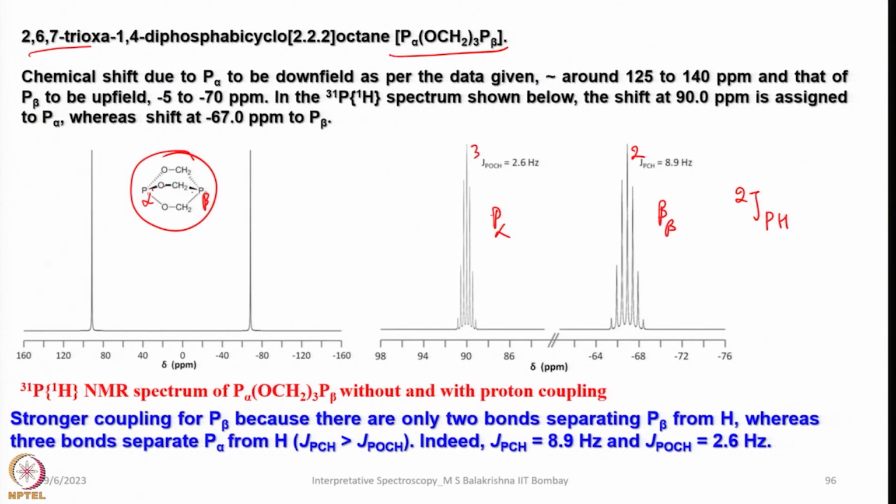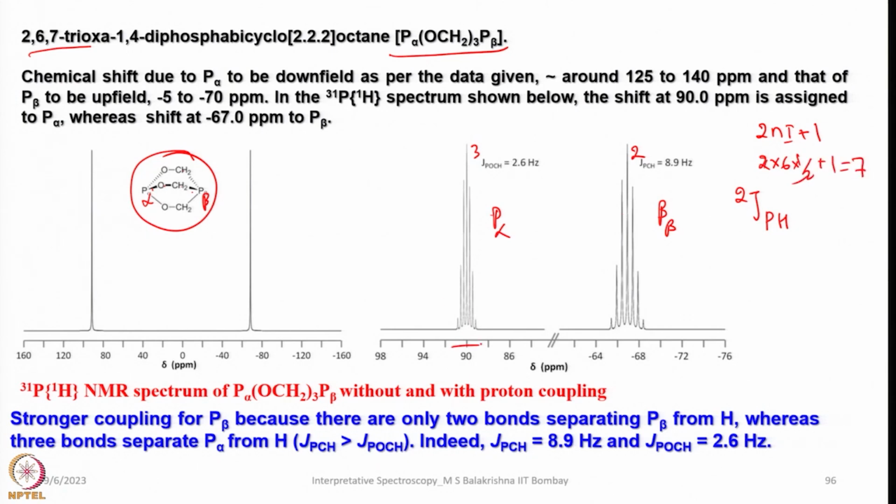And how the 7 lines arise: you can consider 2, 2 to 6 are there, and all of them are equivalent. When they are equivalent, they can be considered as one type of nuclei. As a result, again you use the 2nI plus 1 rule here, and the number of such identical hydrogens is 6, spin half, plus 1 gives 7 lines. 7 lines are seen here.